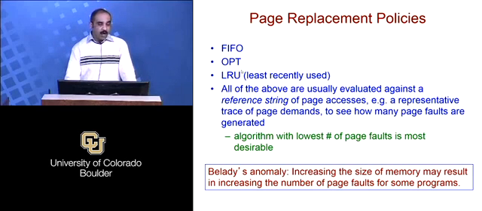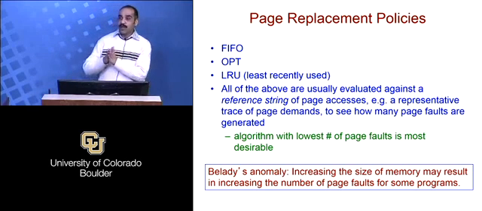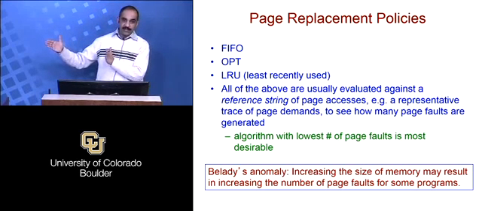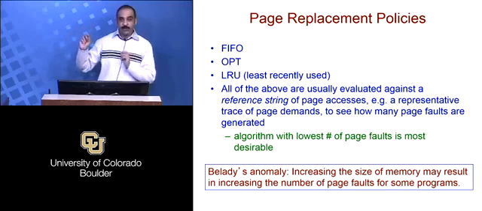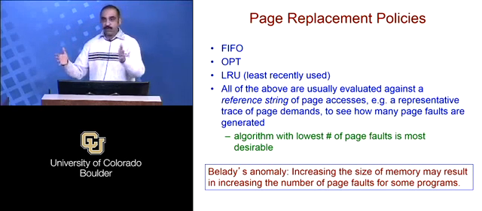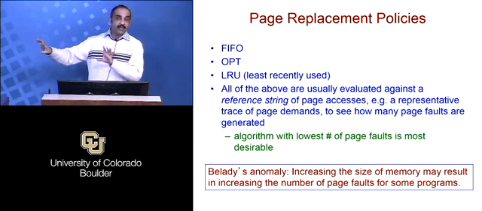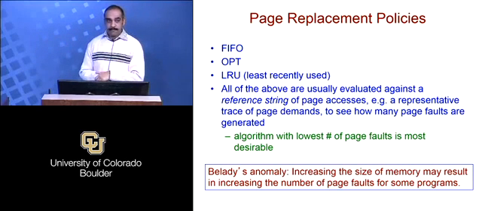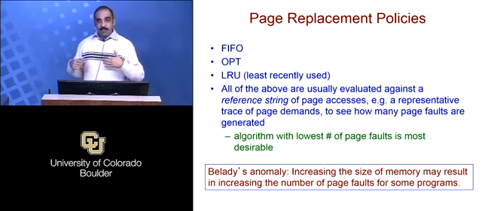Optimal is an algorithm which assumes that you already know the sequence of pages that you are going to access. So in advance, you know that you're going to access page number 5, then 7, and 3, and 2. You have that string in front of you, so you have perfect knowledge.